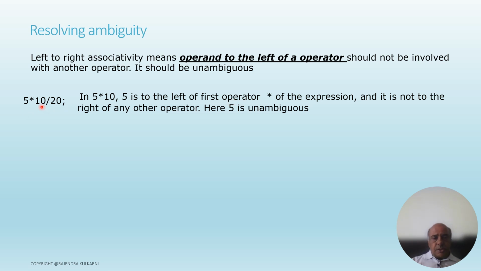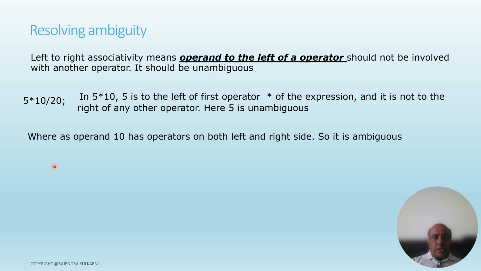The first operator is the multiplication operator, and to its left is operand 5. Since 5 is not to the right of any other operator, 5 here is unambiguous. It is clear that 5 will have to associate itself with this multiplication expression.